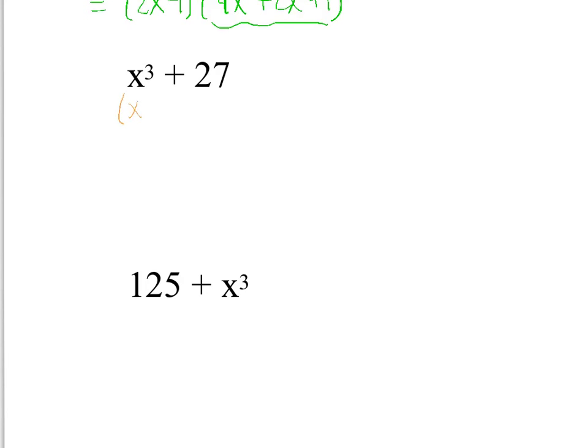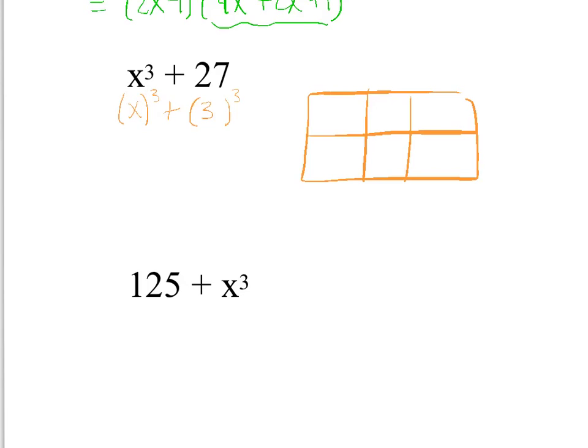So here I've got x being cubed, and then over here I've got 3 being cubed. So when I set up my box, it's going to be x plus 3. This is x cubed, and so in order to get x cubed I need an x squared there, which gives me 3x squared. I need that to cancel, so this has to be a negative 3x squared. X times negative 3x gives me negative 3x squared.